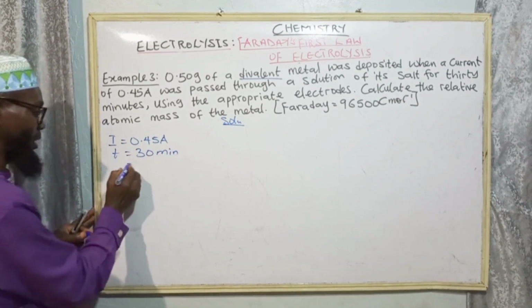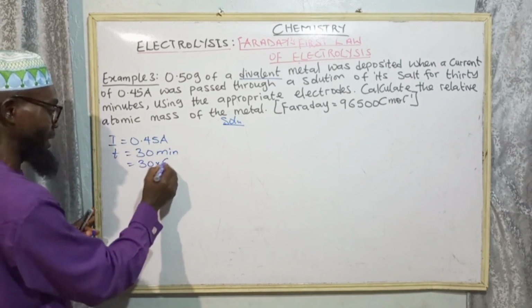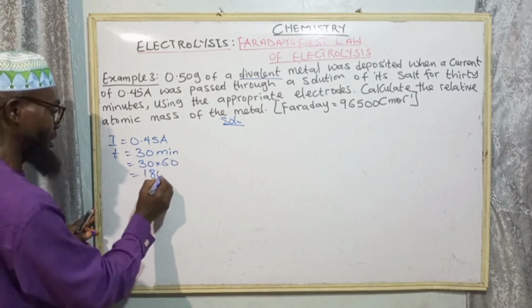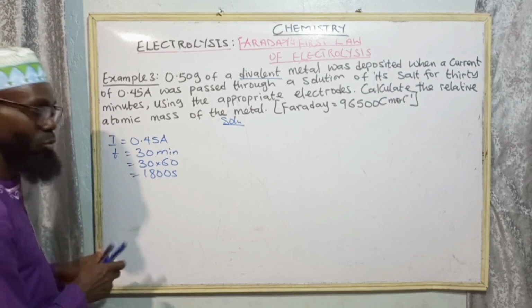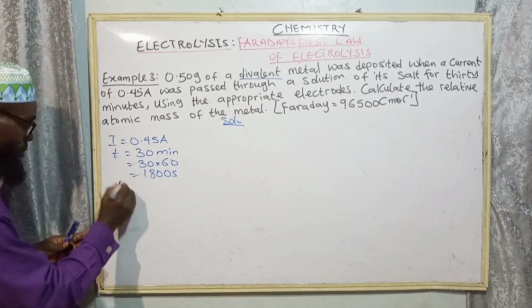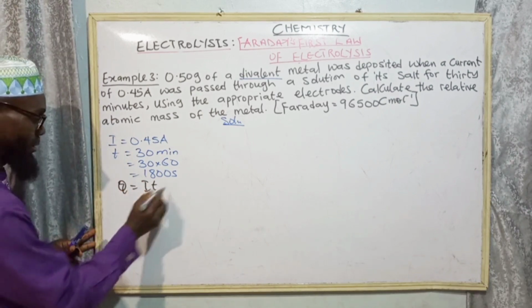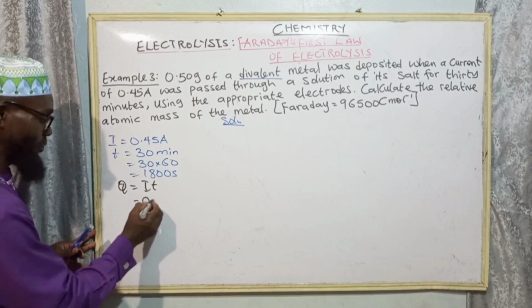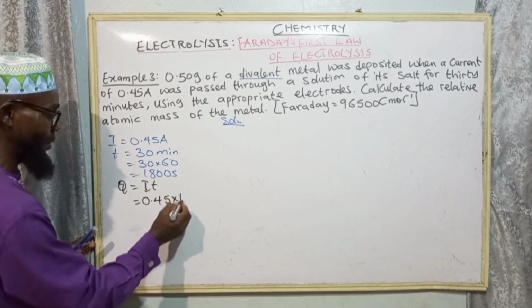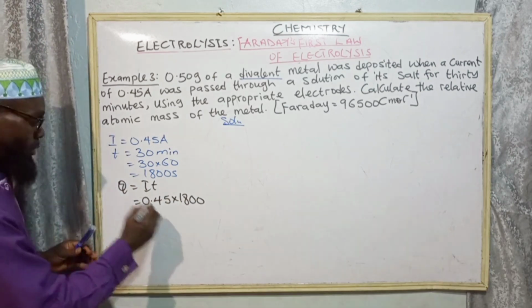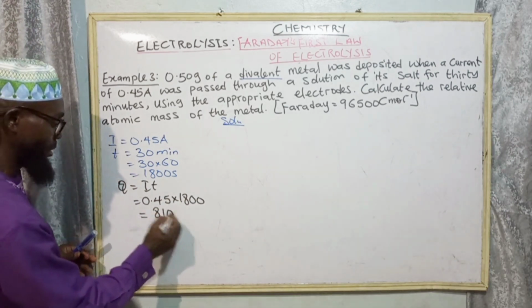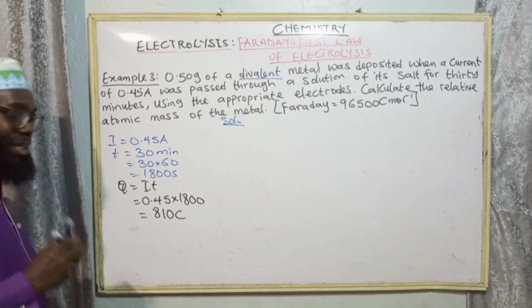Converting this minute to seconds, 30 multiplied by 60, we have 1,800 seconds. From here, we have to get the value of our Q. Q is equal to IT. Our I is 0.45 multiplied by 1,800. Let us multiply. We have 810 coulombs. Let us now read this question.